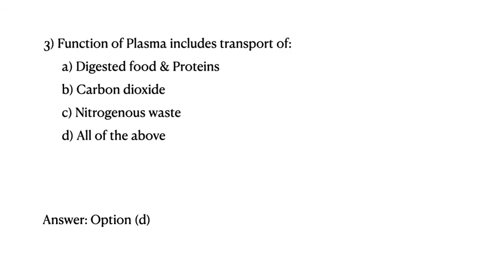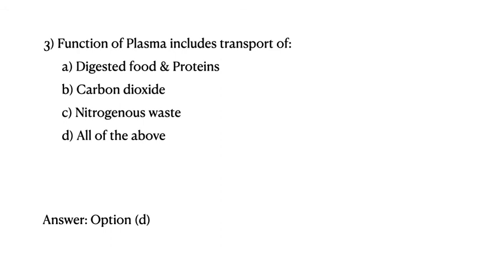B is carbon dioxide. Now children, you all know oxygen is carried by hemoglobin, but carbon dioxide is more soluble in water. That is why it is carried back to the lungs in the dissolved form, dissolved in plasma. Plasma transports this carbon dioxide back to the lungs.